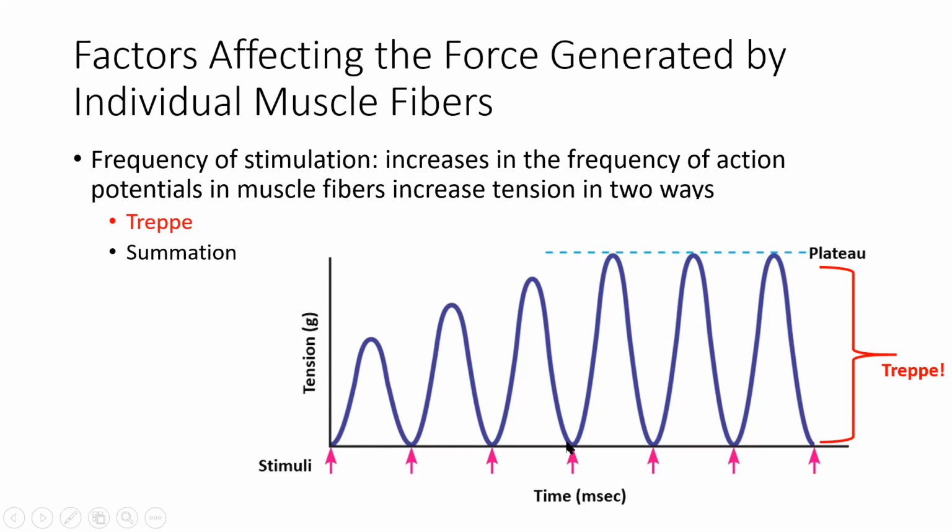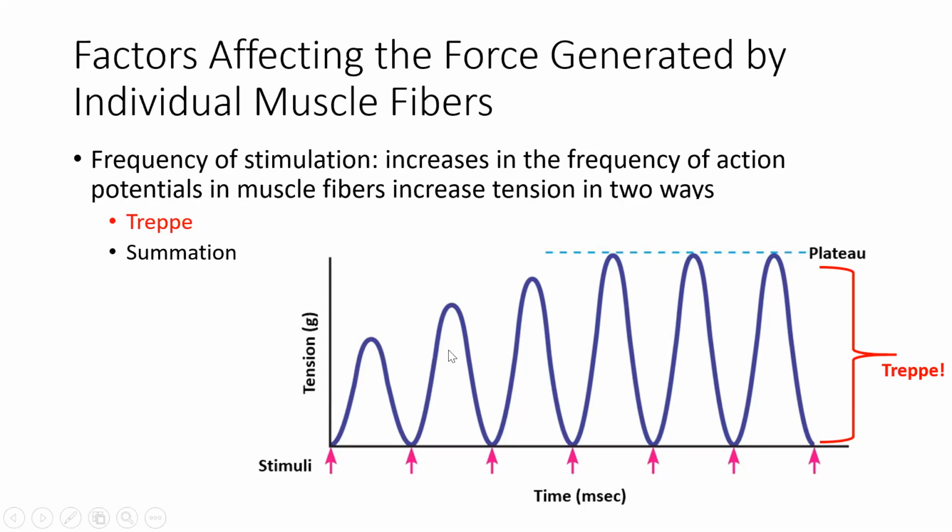And so again, the reason we don't quite understand treppe is because the muscle completely relaxes in between each of these contractions. We'll talk about summation here in a bit, but in summation, the muscle does not relax in between. And so treppe is this increase in force generation or tension production that happens after subsequent stimuli are sent to this muscle, where each stimulus is preceded by a full muscle relaxation.